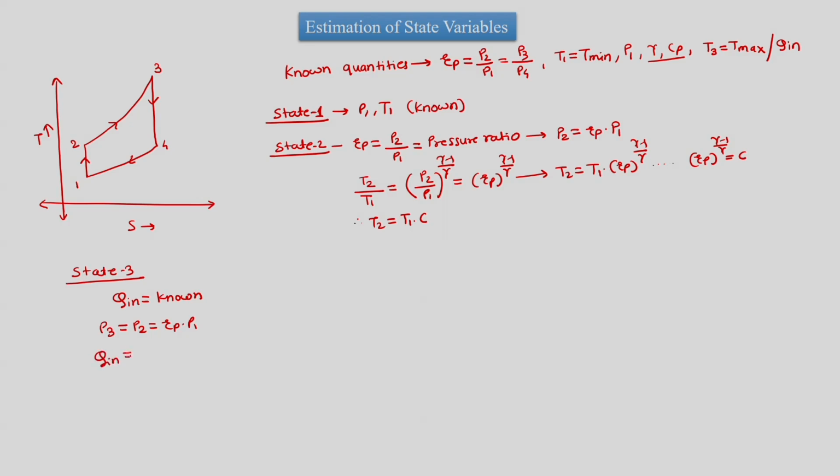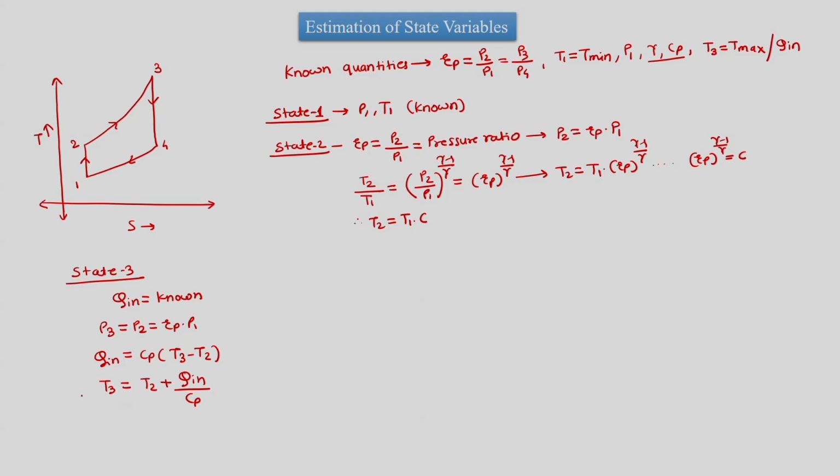Since we know Q in, we know that Q in is equal to Cp into (T3 minus T2). We have derived this from the work and heat interactions for different processes. Knowing this, we can find out T3, where T3 is equal to T2 plus Q in divided by Cp.